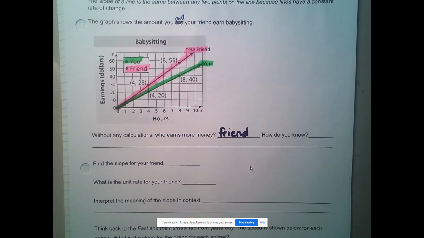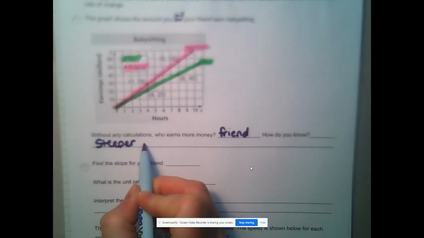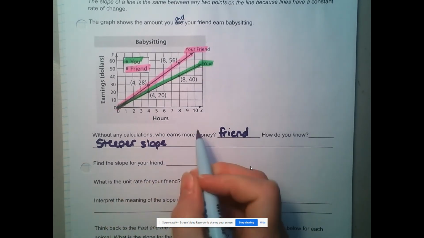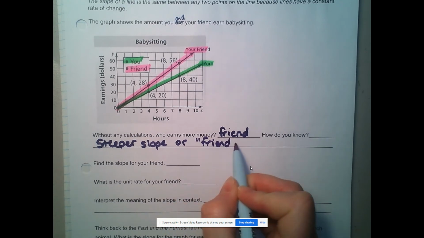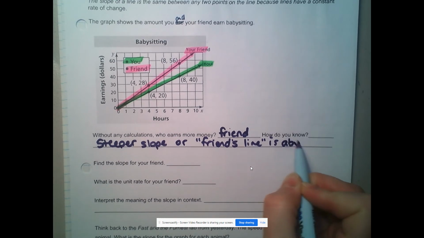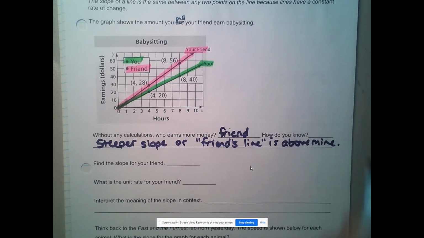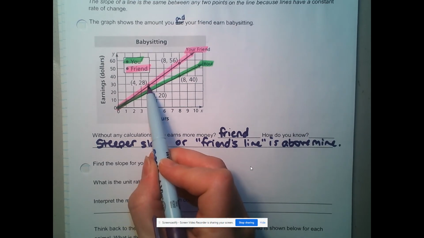The friend has a steeper slope, or you could say the friend's line is above mine. Does that make sense? That when I worked 4 hours, I made $20, but when my friend worked 4 hours, they earned $28. They're earning more money for the same amount of time.